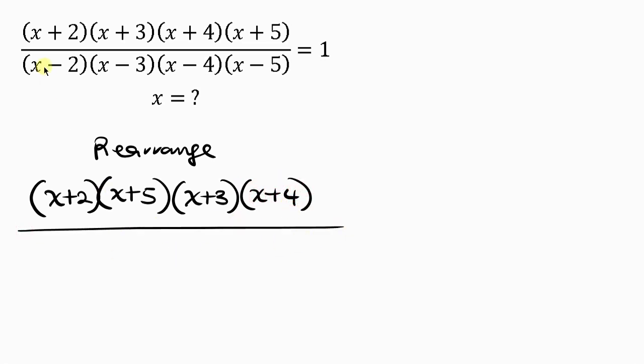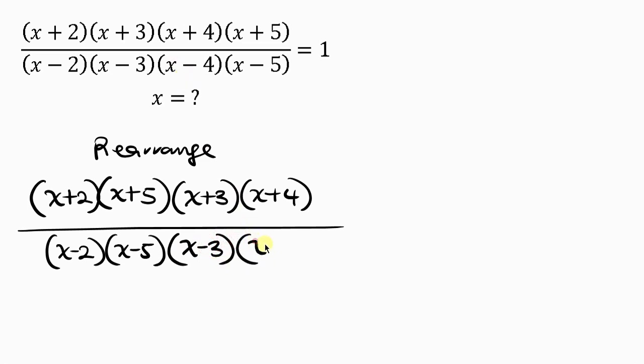I'll do the same thing to the denominator. So this is x minus 2 pair with the last, x minus 5, times x minus 3 times x minus 4. Before expanding, we're going to be equating this to 1.